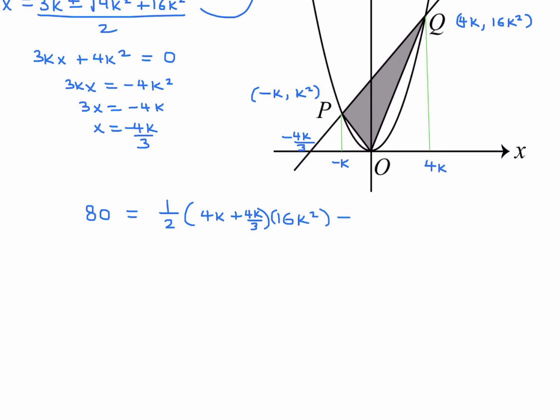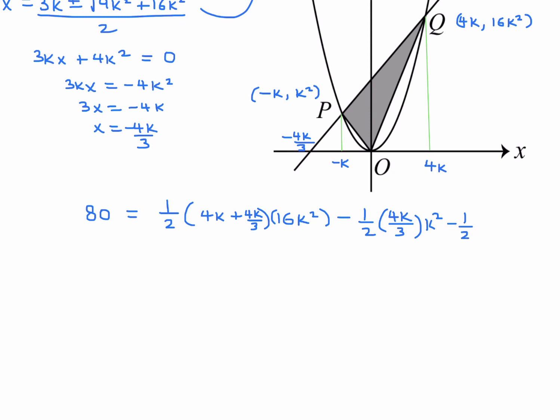From that, I have to subtract this triangle and this triangle. Okay, so this triangle should be pretty straightforward. 1/2 base times height. This is the base, which is 4k over 3, and the height is the y-coordinate right there, which is k squared.